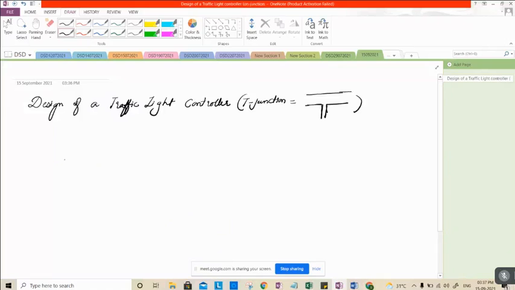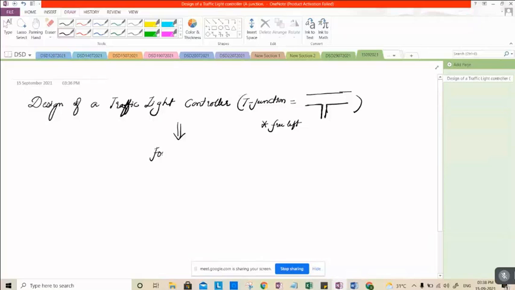Here we have said that there is conditional permission for free left.